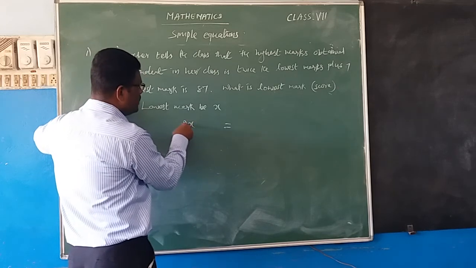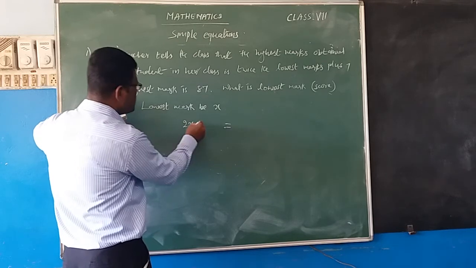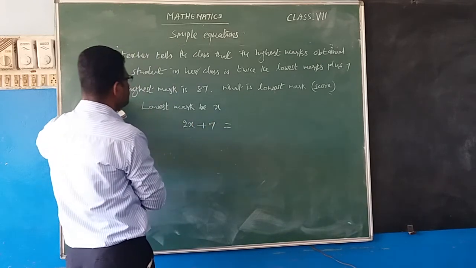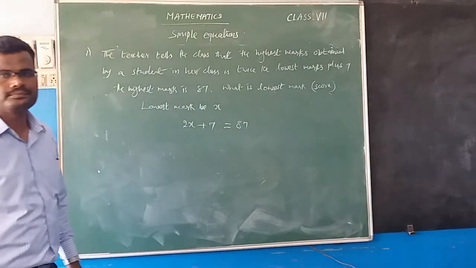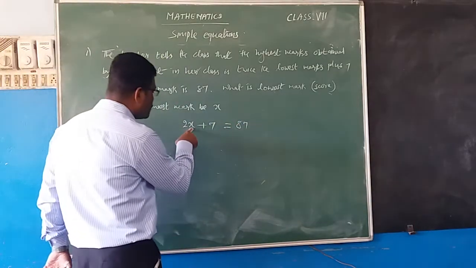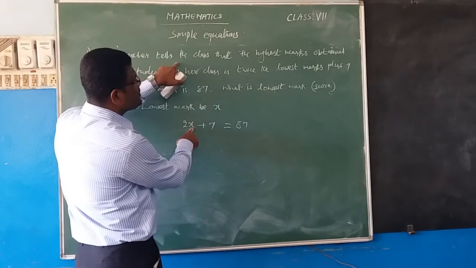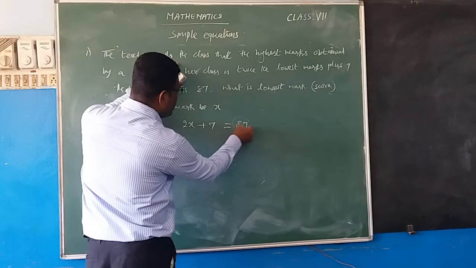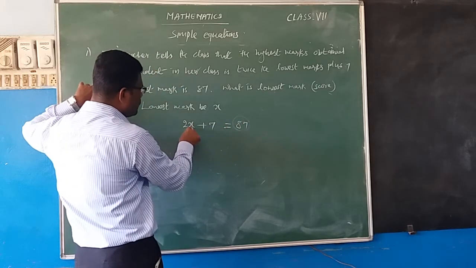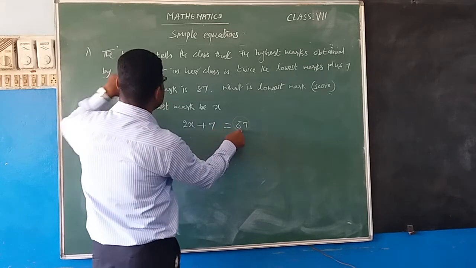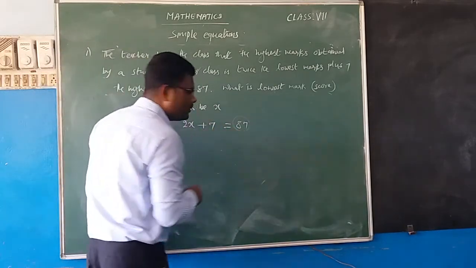So twice the lowest score plus 7 gives the highest mark, which is 87. In the next statement they have given that the highest mark is 87.